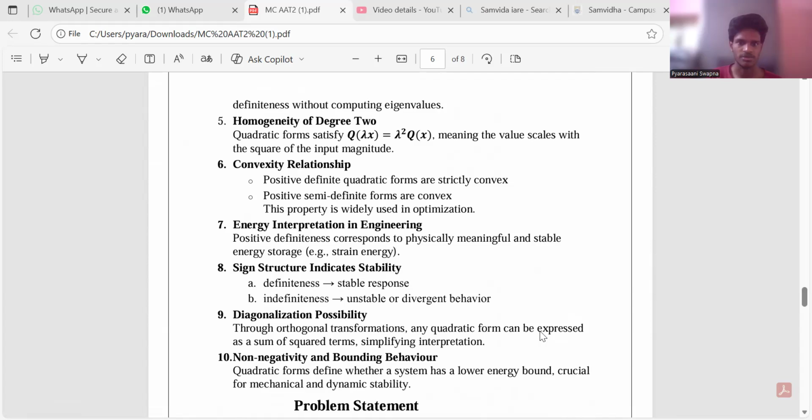Positive definiteness corresponds to physically meaningful and stable energy storage. Example, strain energy. Sign structure indicates stability: definiteness, stable response; indefiniteness, unstable or divergent behavior.